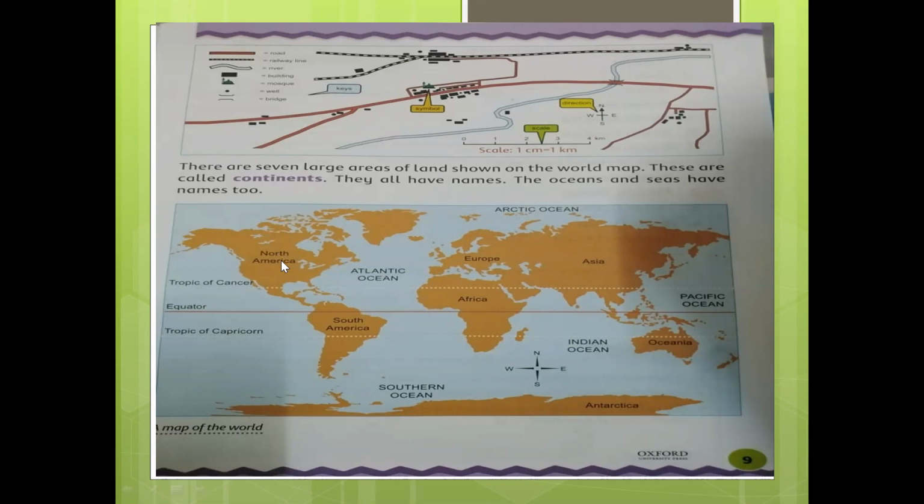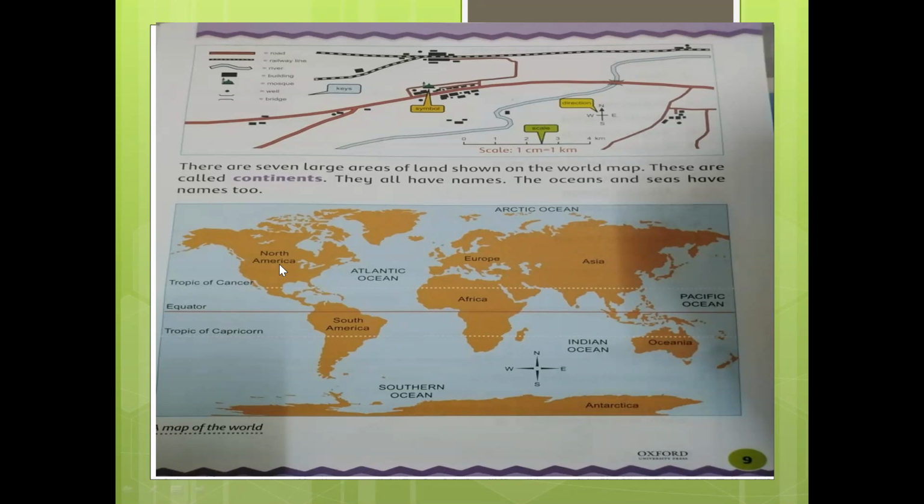Look at this brown part where you can see the first continent, a large area of land, North America, then South America, Europe, Asia, Africa, and this is Oceania. And then Antarctica, the last continent of the earth.